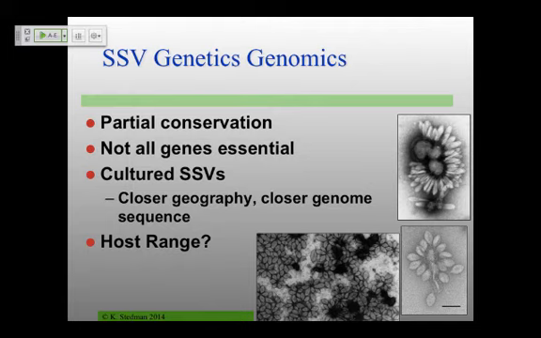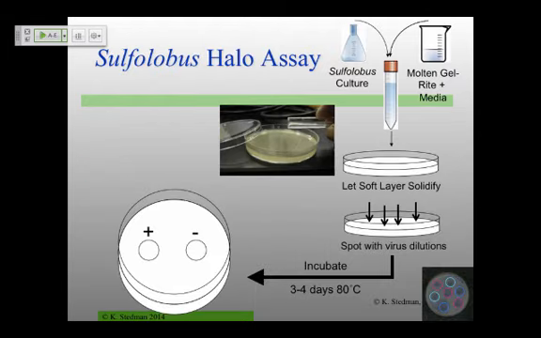So how do you go about doing these experiments? This is exactly the same way that our helpers in the undergraduate lab are doing this. Basically, we just look at, does that particular virus make that particular host sick? And the way we do this is a really modified plaque assay. We mix some of our Sulfolobus culture together with molten Gelrite. Agar doesn't do very well at 80 degrees Celsius.